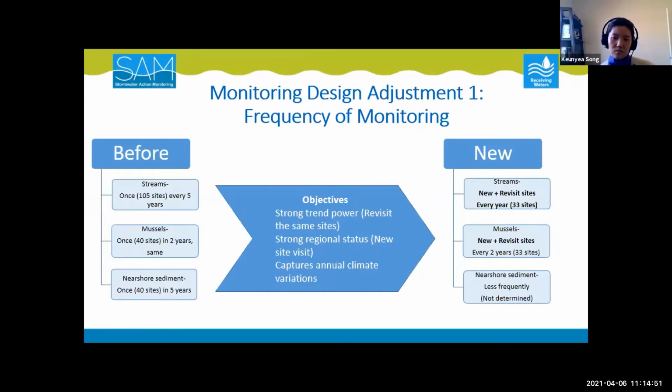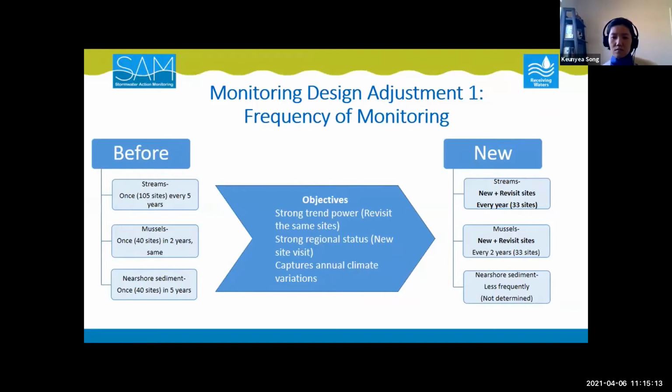The 33 sites are all random, but we'll have some new first-visit sites and some revisit second or third visit sites. After the third visit, those sites will be removed from the study and replaced with new sites.